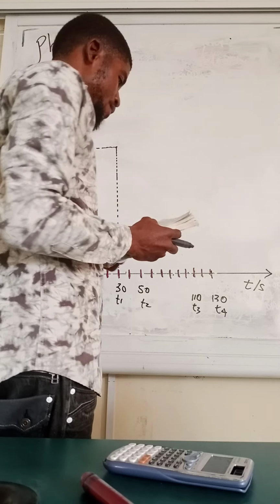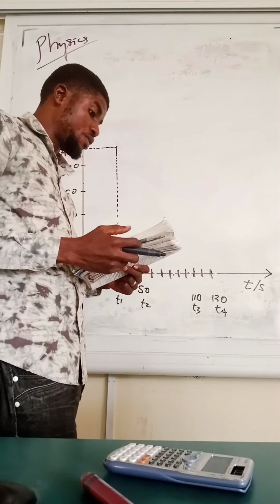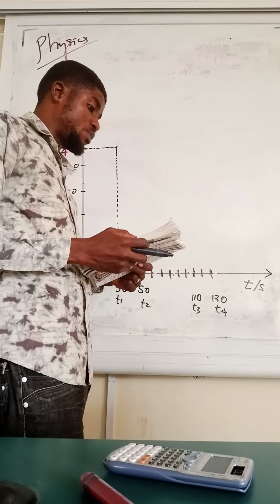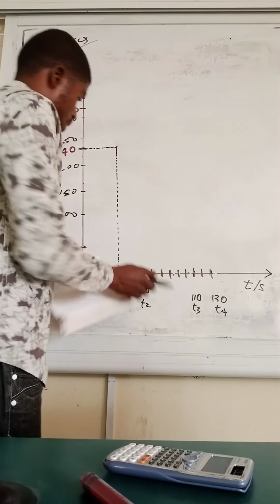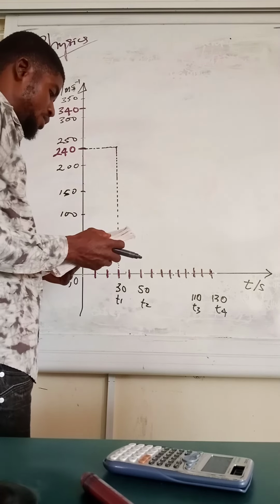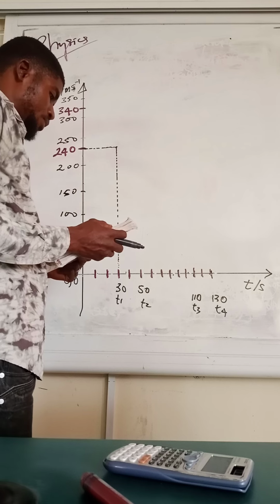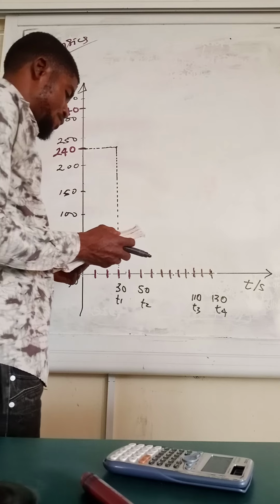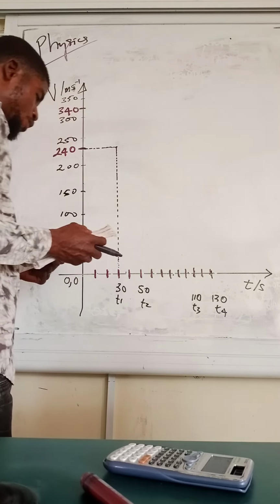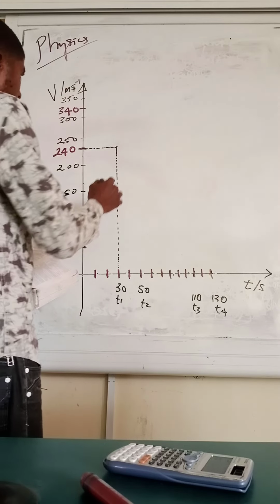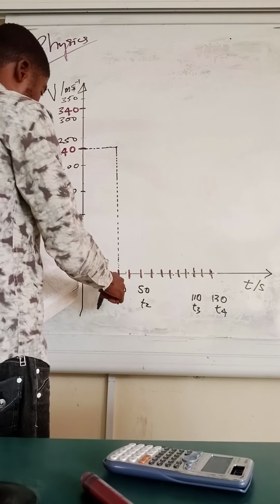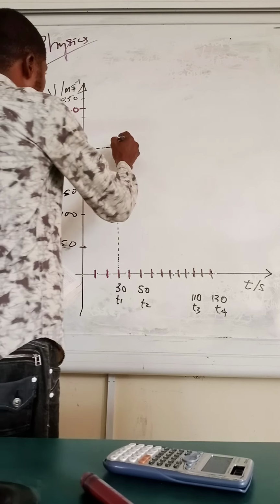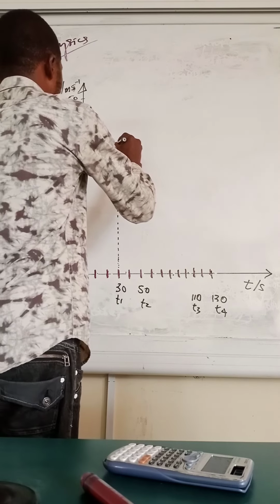A body at rest is given an initial uniform acceleration of 8.0 meters per second squared for 30 seconds. That's the first information represented. After which the acceleration is reduced to 5 meters per second squared for 20 seconds. So the acceleration was reduced, this is 10, 20, for 20 seconds.